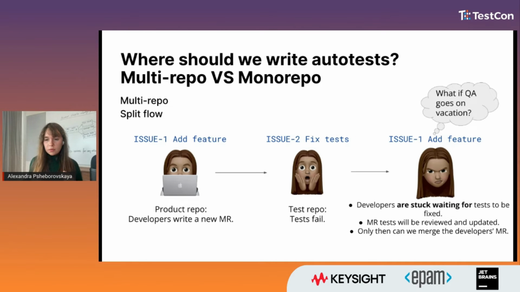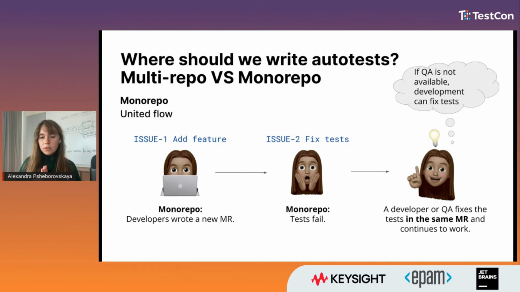The next possible variant is when we combine the development and testing flows using a common repository for automated tests and product code. The developers write the feature the same way, and in the event of test failure, fix them directly in the same repository. I think it's really convenient, and this setup also allows us to add or extend the tests of a feature directly in the same merge request.